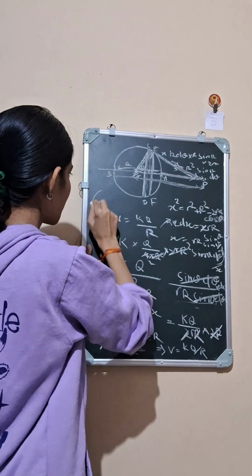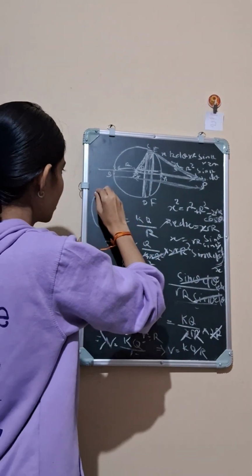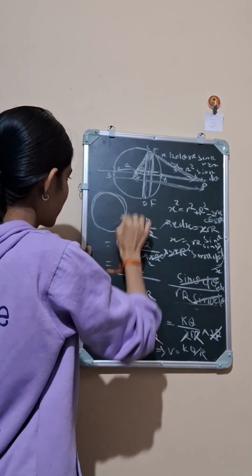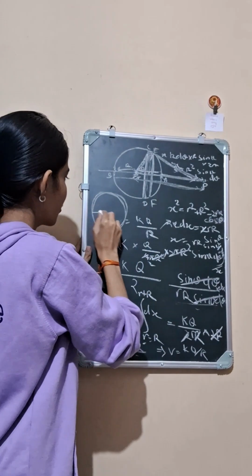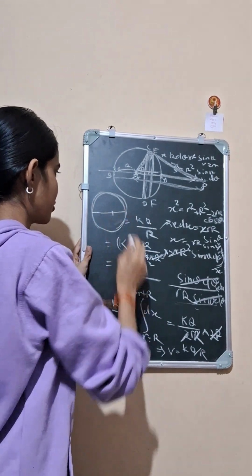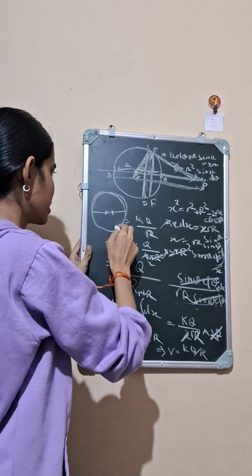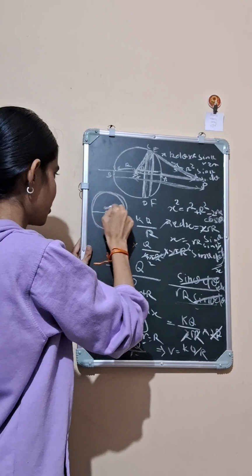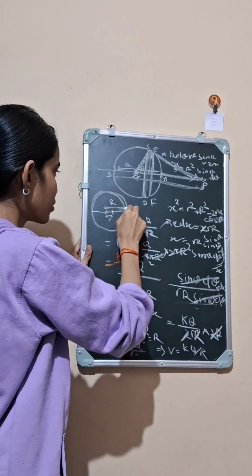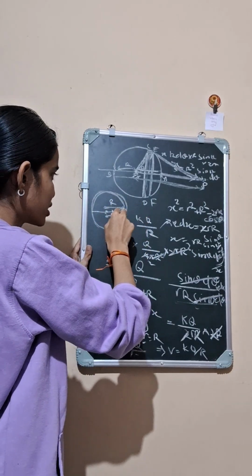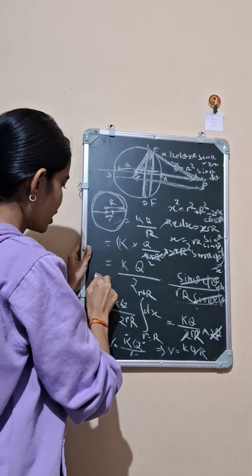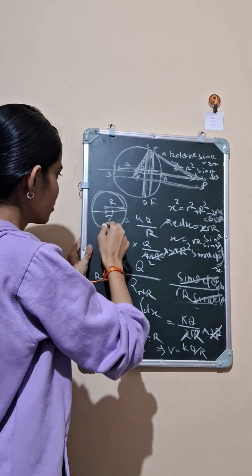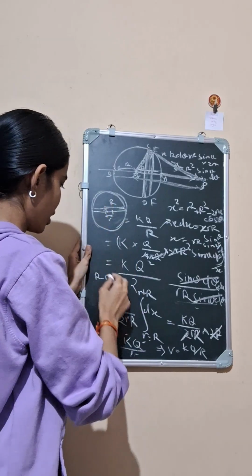Let us suppose this is the sphere. We are considering a point inside the sphere. Here is the center, here the distance small r, here the distance capital R. For this initial ring, the distance will be capital R minus small r, and for this ring it will be capital R plus small r.